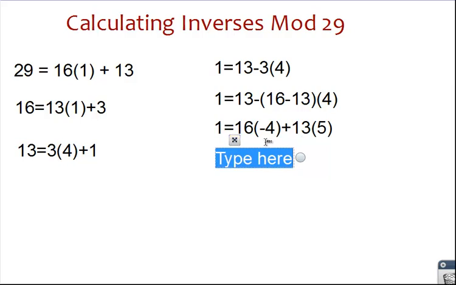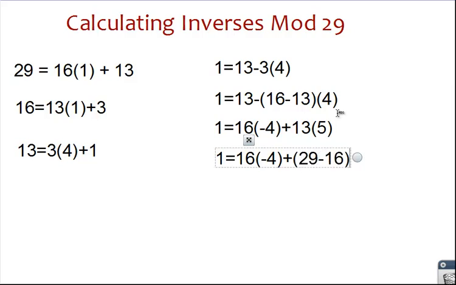And we keep going. I want to get rid of the 13. I solve for 13 in the next step up in Euclid's division algorithm. I still have 16 times negative 4 plus, and now 13 is 29 minus 16, so 29 minus 16 times 5. And now we're almost there.